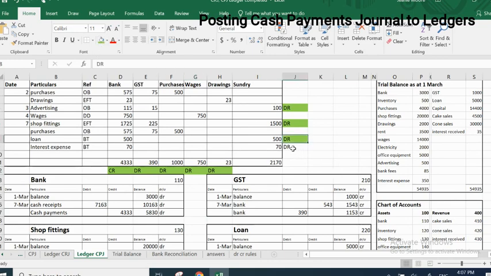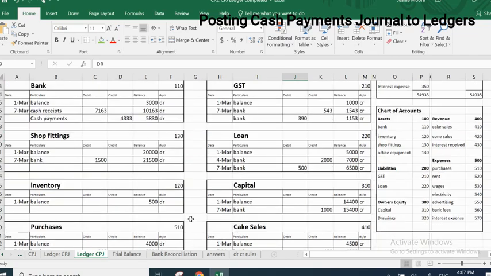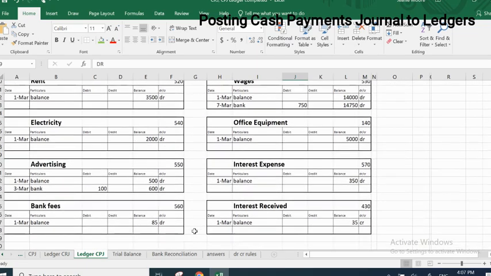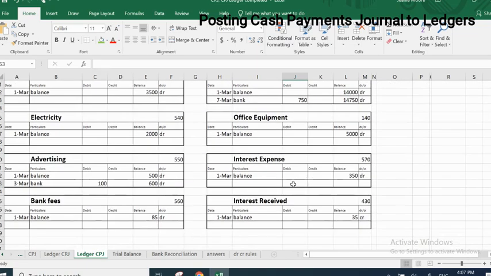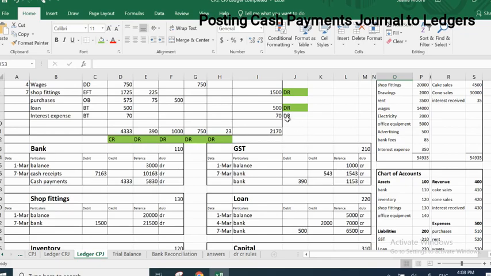So interest expense of $70 debit. So we're going down to interest expense, $70 in the debit, 7th of March, it happened on the last day, bank, and that gives a 20 debit. Yeah. And we'll go and tick that off.